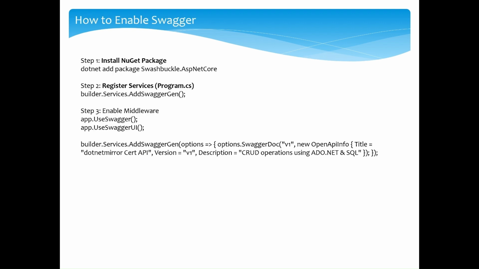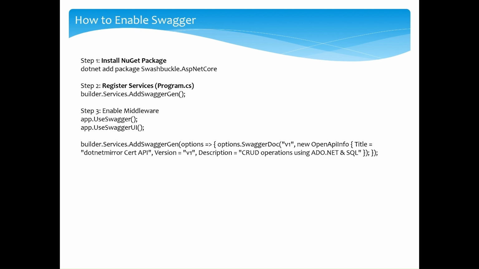Let's understand how to enable Swagger. Make sure you install the NuGet package, either via command or from the UI. Add the package Swashbuckle.AspNetCore and go to Program.cs, and add AddSwaggerGen. This is where we can also get creative with metadata by using SwaggerDoc options.